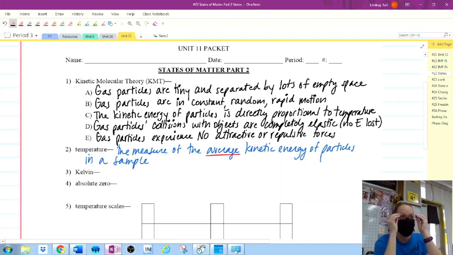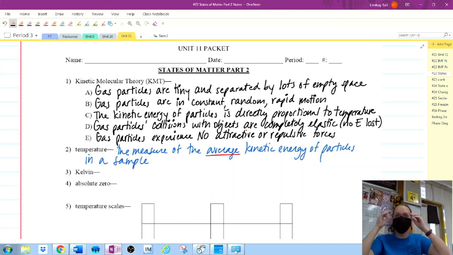As we mentioned yesterday, solids and liquids definitely have attractive forces. That's why they're sticking together in the first place. It's just about how strong they are. The solids, they're so strongly attracted, they can't even move around anymore. Liquids, they're attracted but can move around. Gases, none. Which means how they move, where they're going, never influenced by anything else.